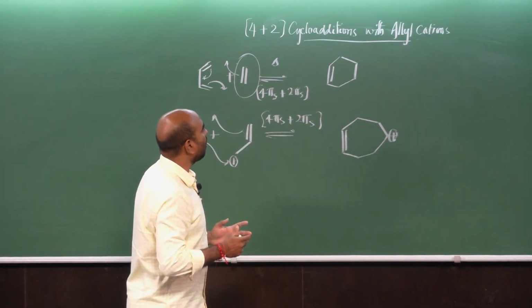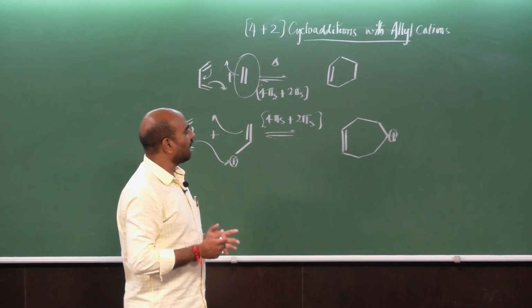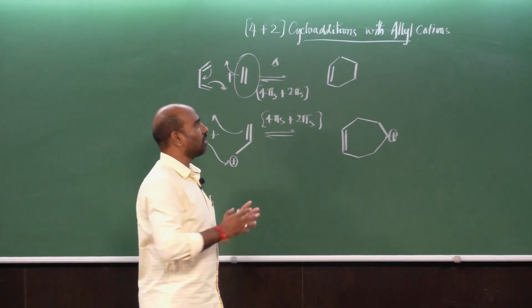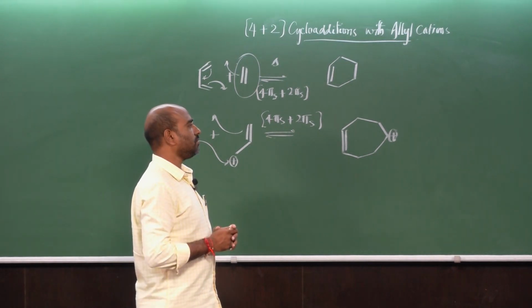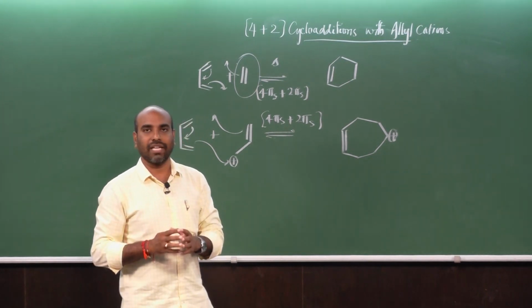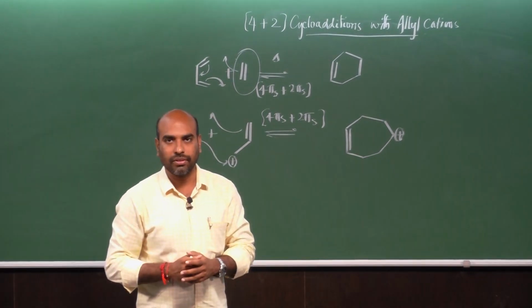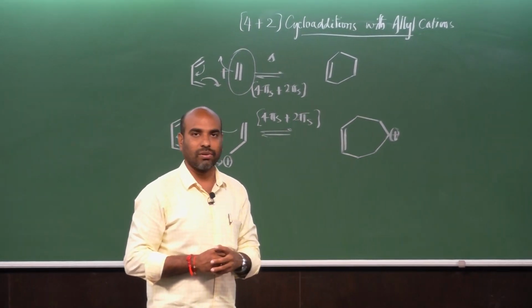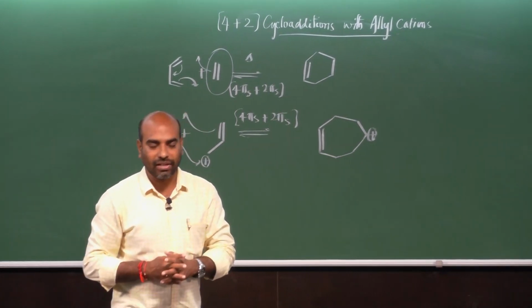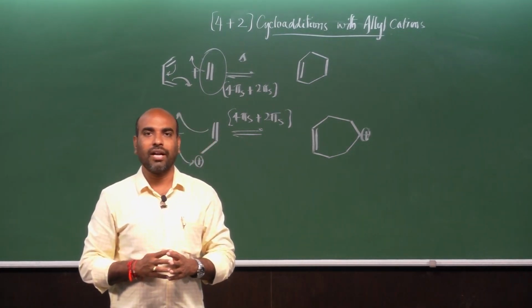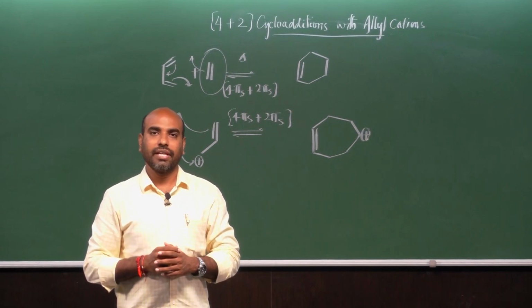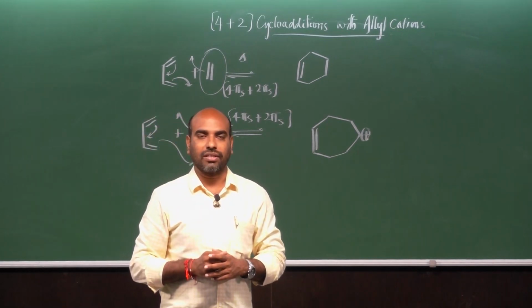What kind of cations can show this particular type of 4+2pi cycloaddition reaction? A pentadienyl cation can also show this type of cycloaddition, an allyl cation can also show it as seen in the example, and oxyallyl cations can also be involved in the reaction, right.